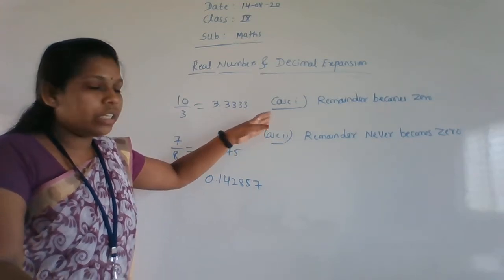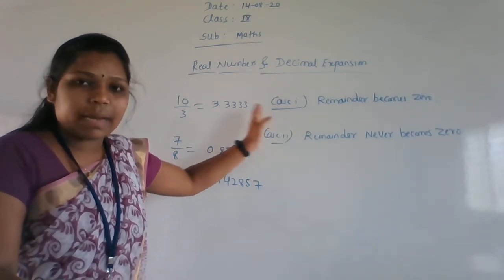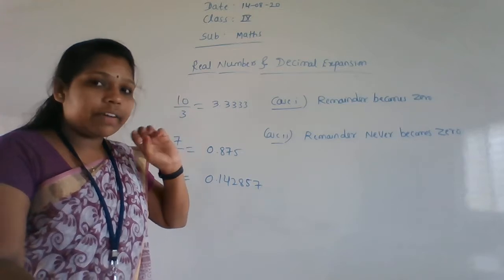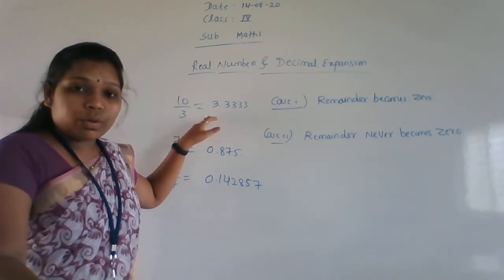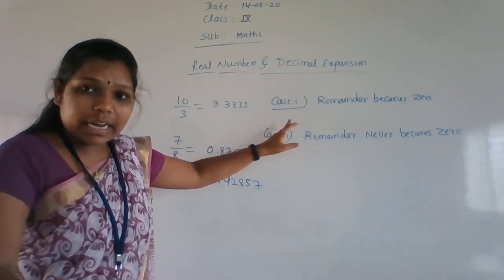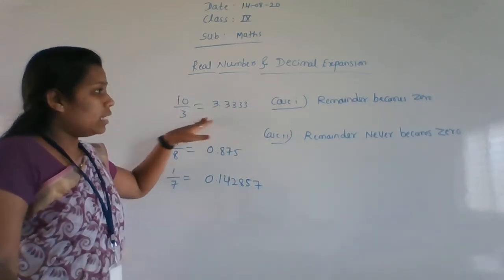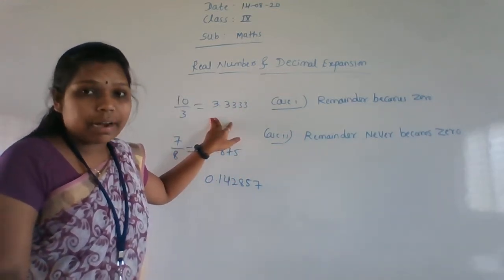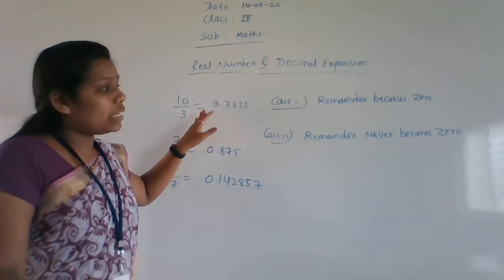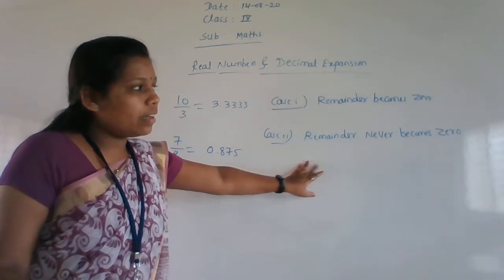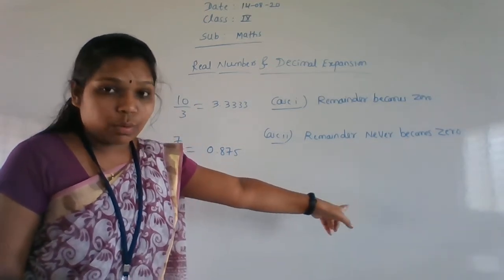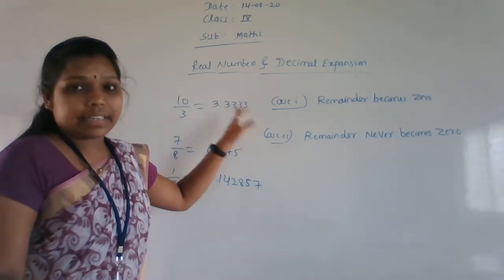It is always 3.33333, repeating the same number. We will never get other numbers here. So it will never get remainder 0. This is the example for the second case, where the remainder never becomes 0.